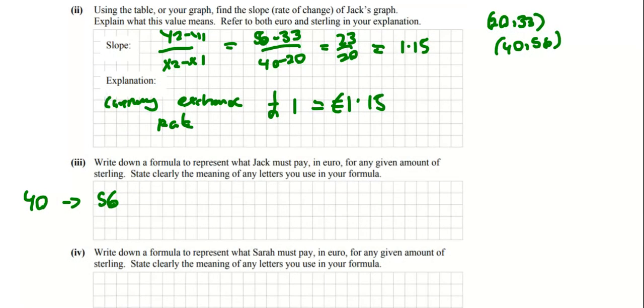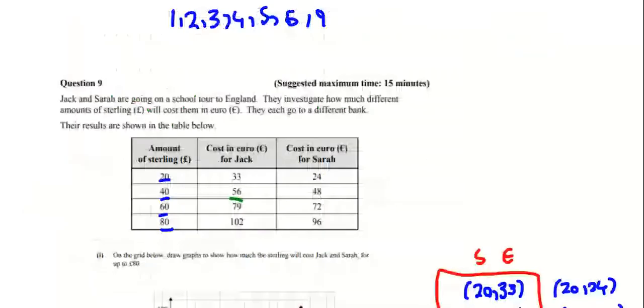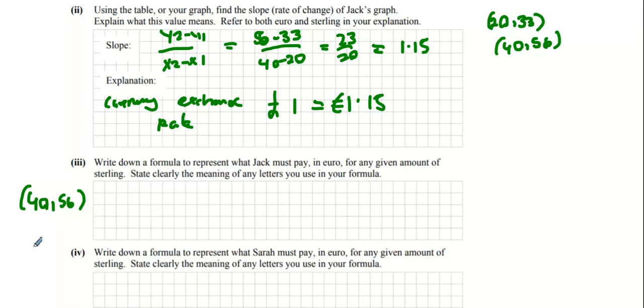So we're going to use 2 points, any 2 points on Jack's graph, so 40 and 56. I suppose the other point we could use is 20 and 33. We can use any points on Jack's graph. Okay, we already know the slope is 1.15, so it's y minus y1 equals 1.15 into x minus x1.